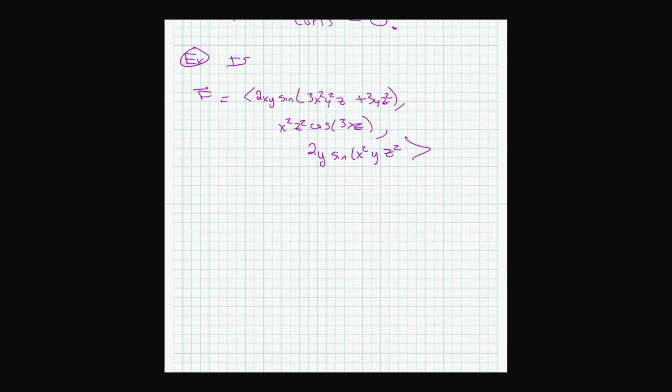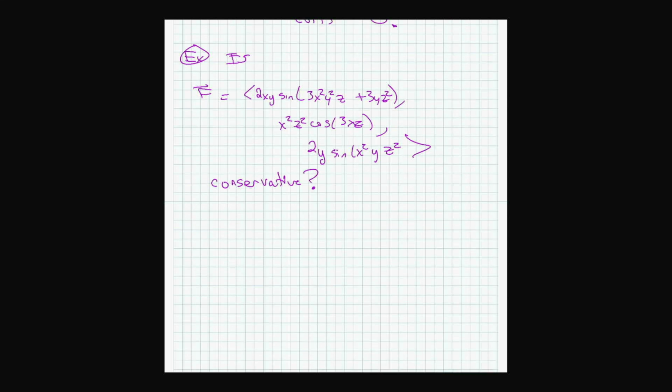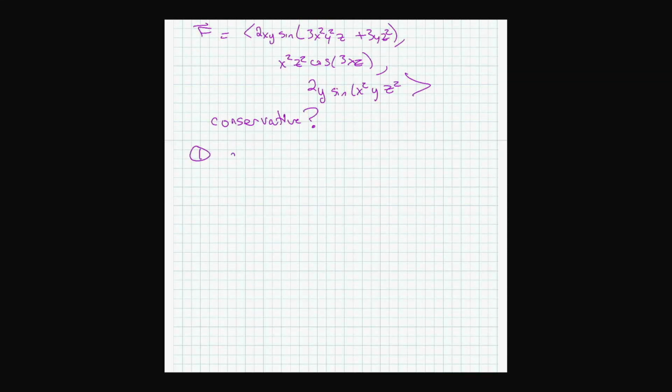Okay, so those are the three components of the vector field, and they say, is this field conservative? Right. So what do we do? Compute curl F. If it's 0, it's conservative.